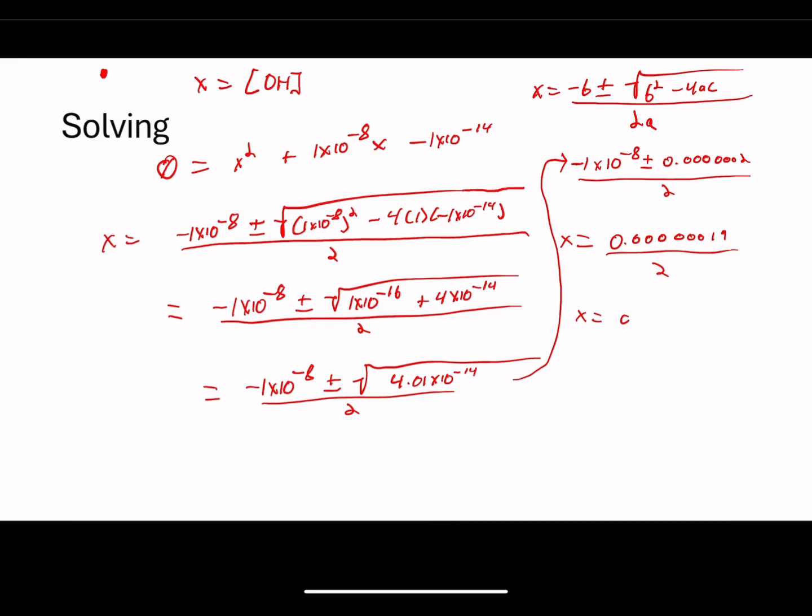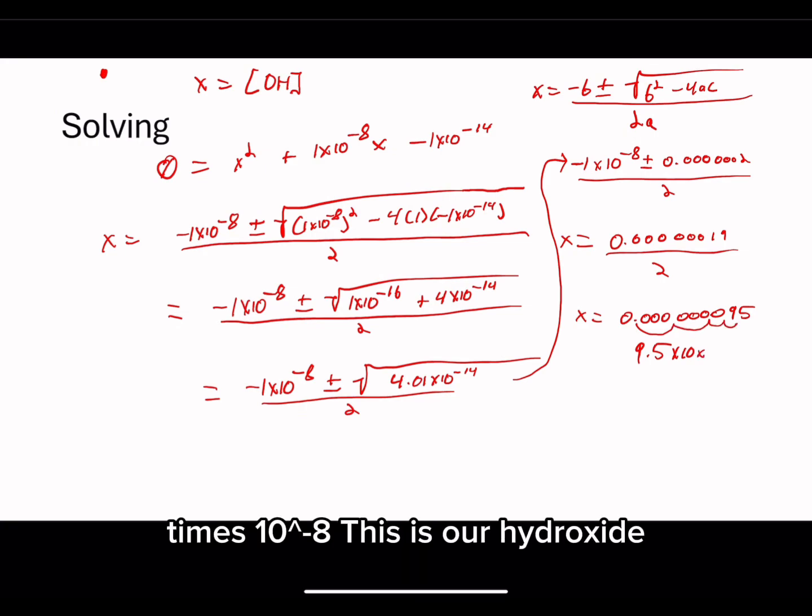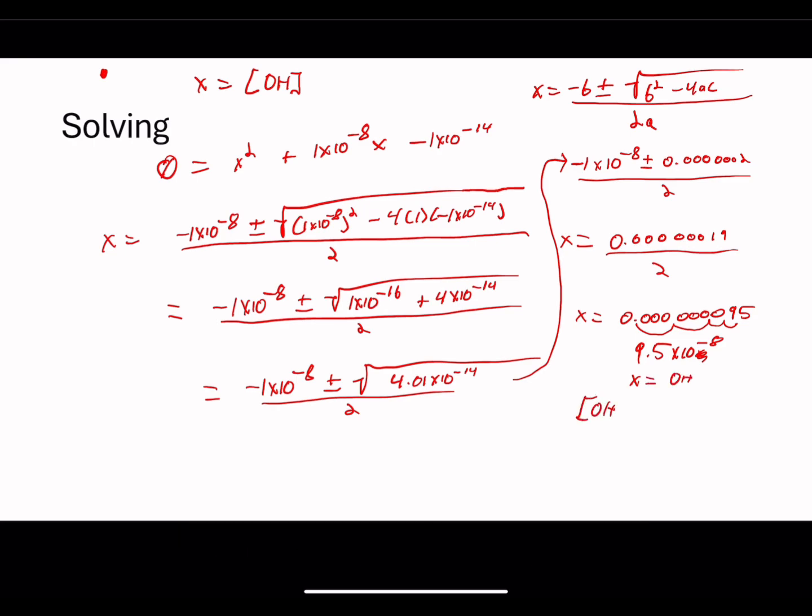X equals 0.000095, or 9.5 times 10 to the negative 8. This is our hydroxide. So our hydroxide concentration equals 9.5 times 10 to the negative 8.